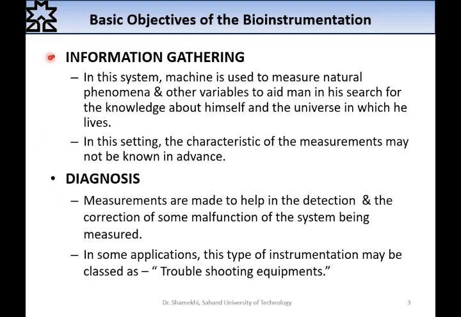The first objective was information gathering. As you can see, in the system, a machine is used to measure natural phenomena or other variables to aid man in his research for knowledge about himself and the universe in which he lives.